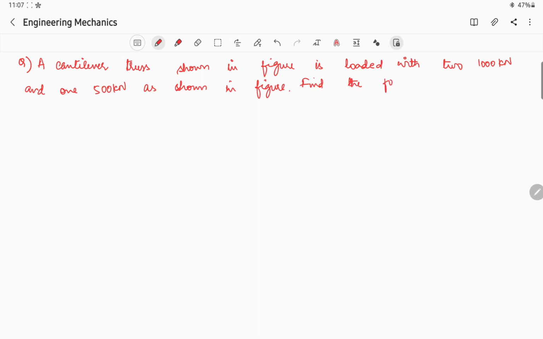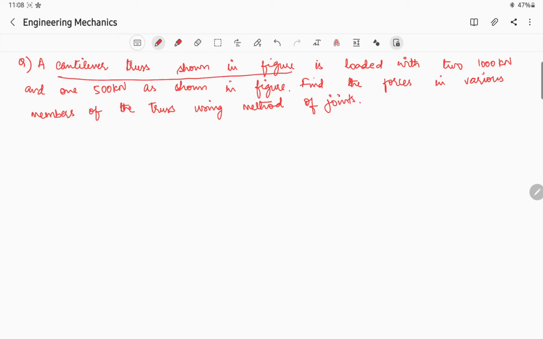Find the forces in various members of the truss using method of joints. So the truss is given in the question.